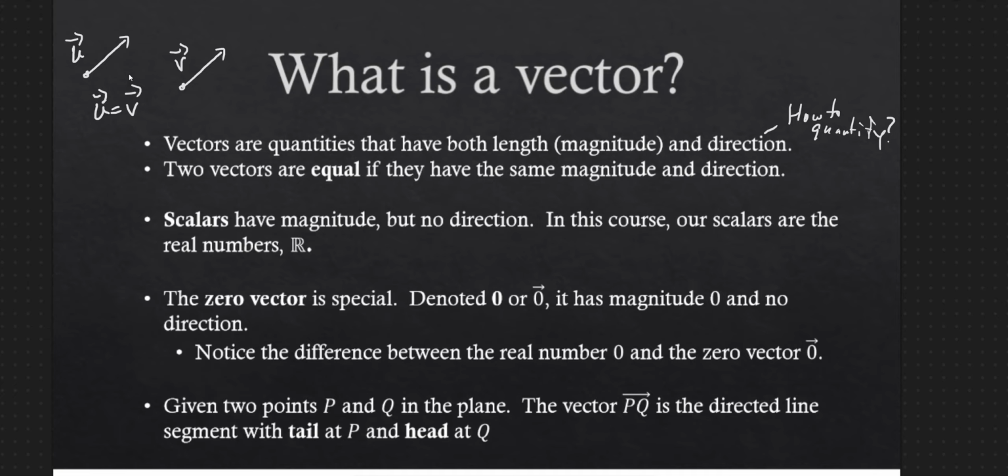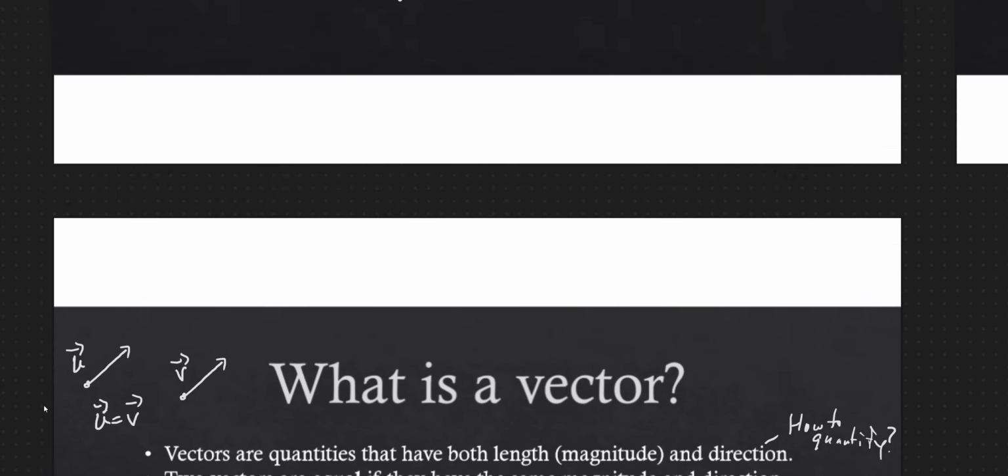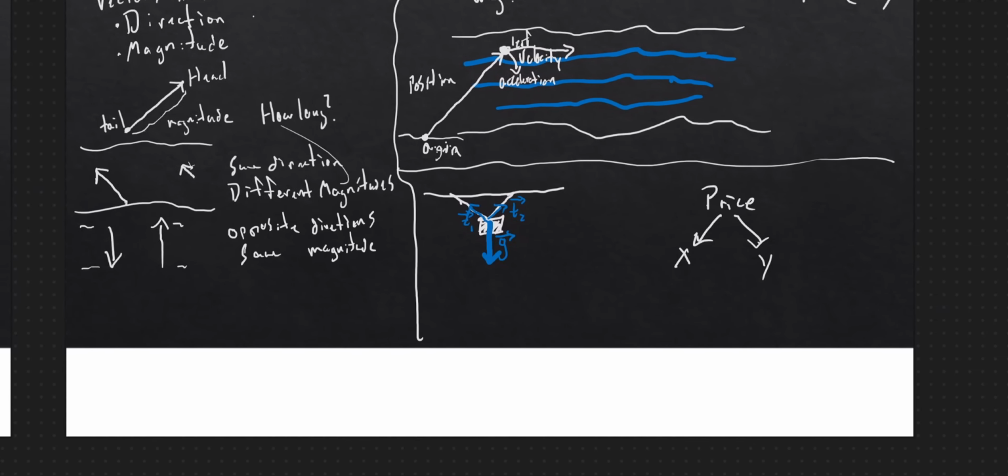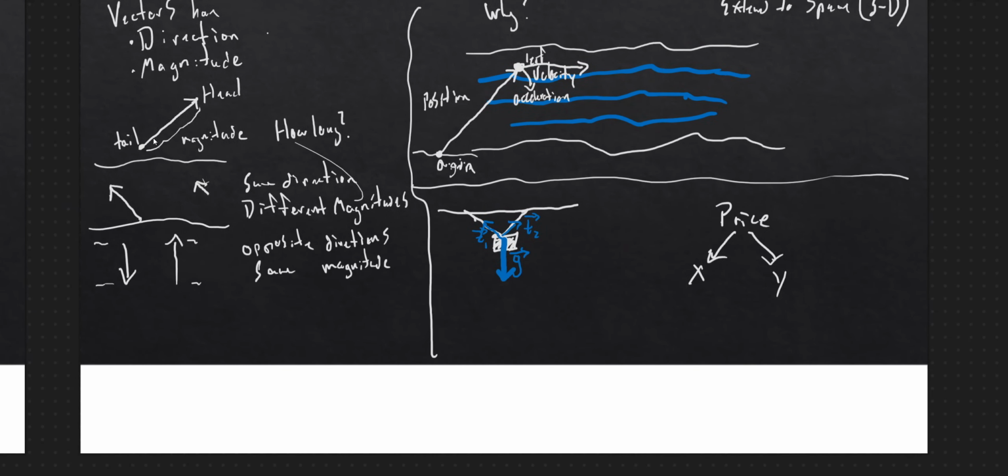So scalars, let me actually jump up to this slide again. Scalars are used to grow or shrink a vector keeping the same direction. So for example, these 2 arrows here that I've drawn, these 2 vectors, they have the same direction but different magnitudes. What that means is that this, let's say this little vector is a scaled version of this bigger vector.